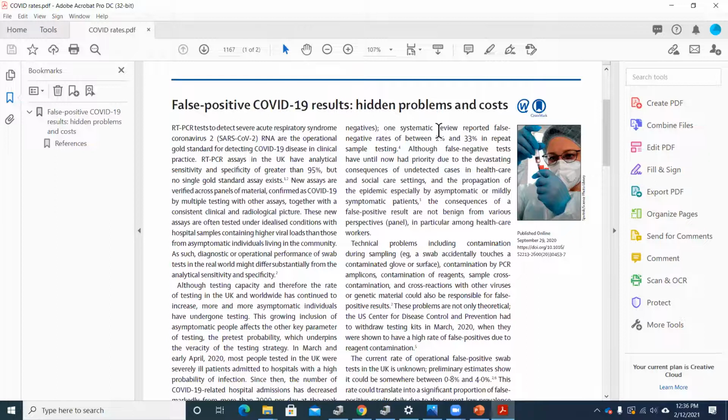So if we look at false negative rates, this reports that in different studies they've been anywhere from 2 to 33%. I was looking at some other sources, and a lot of them didn't have it as high as 33, but the general finding was around 2%. So we'll say that the false negative is 2%.